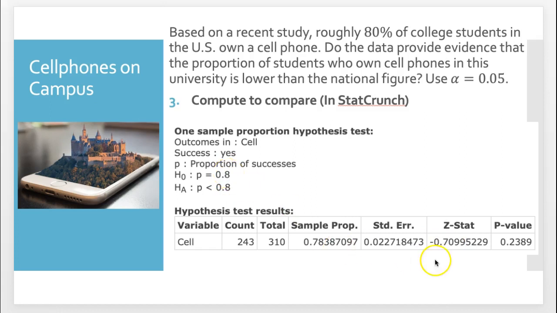And the probability, assuming the null hypothesis is true, assuming the true proportion is 80%, of observing my sample proportion of 0.7838 and smaller values, because this is a less-than test, is roughly 0.2389. Okay.